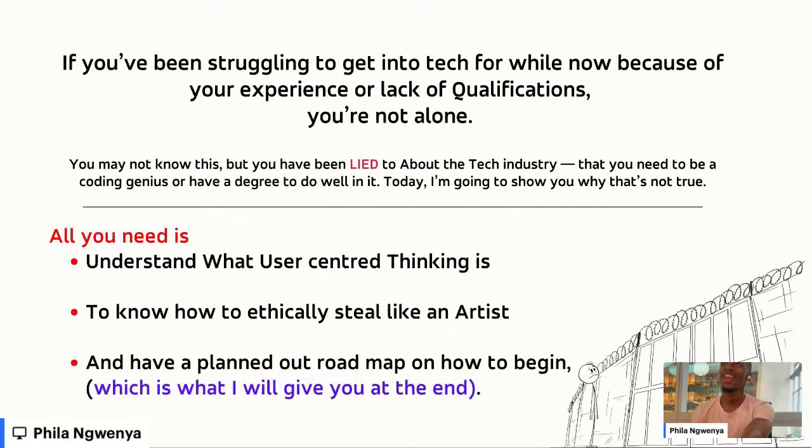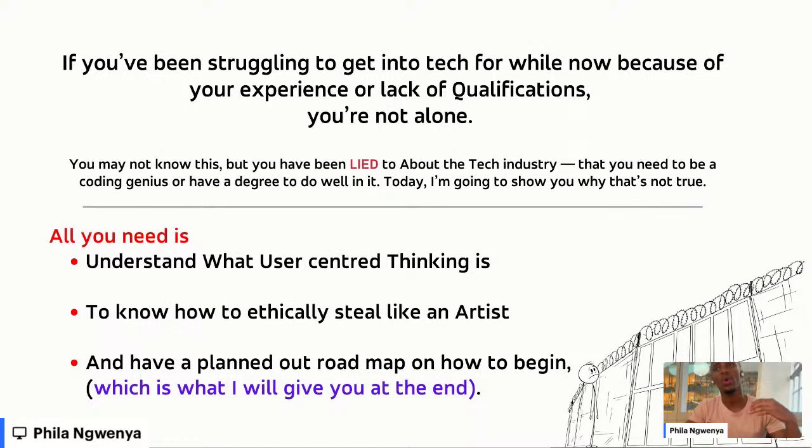There we go. So if you've been struggling to get into tech for a while now because of your lack of experience or lack of qualifications, you're not alone. You may not know this, but you've been lied to about the tech industry, that you need to be a coding genius or have a degree to do well in it. But today I want to show you why that is false.